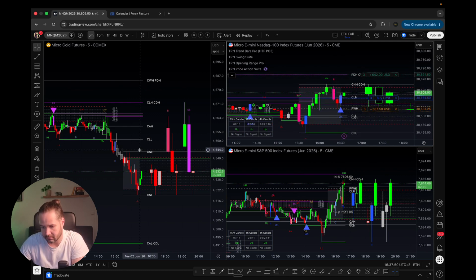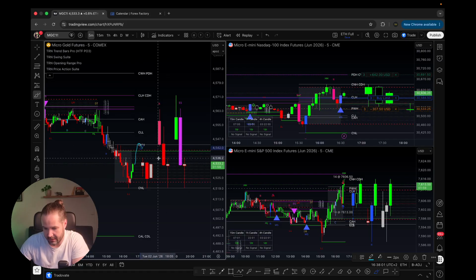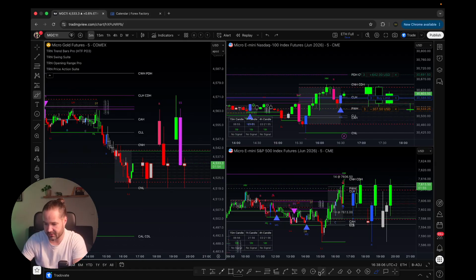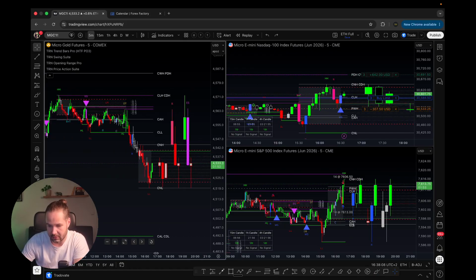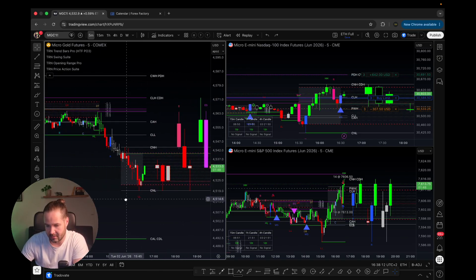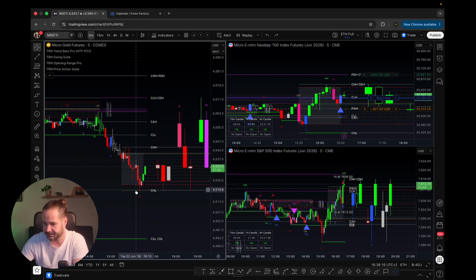On gold, here could be the next chance, because if we take out the opening range high here and then print a reversal, for example, then there would be the chance for a short to follow this strong uptrend here on gold. It looks really nice, but everything went too far. Not the chance to catch an entry here.